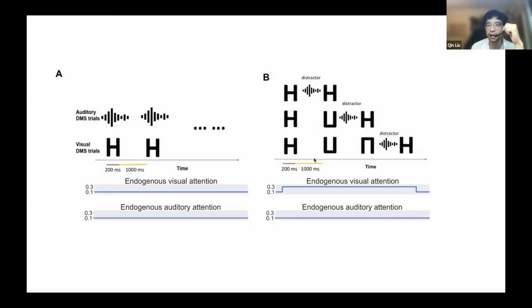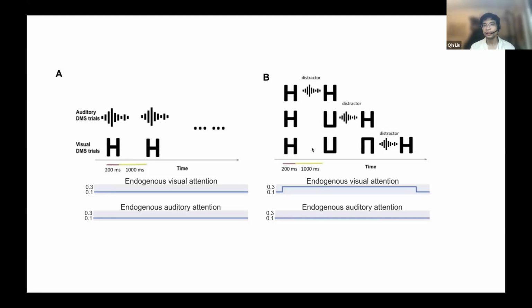And then to make things more complex, I added distractors to the delay match to sample task. On the right is an example. I'm showing some visual stimuli, some images, to the model. And during the delay period, I play auditory distractors to the model.